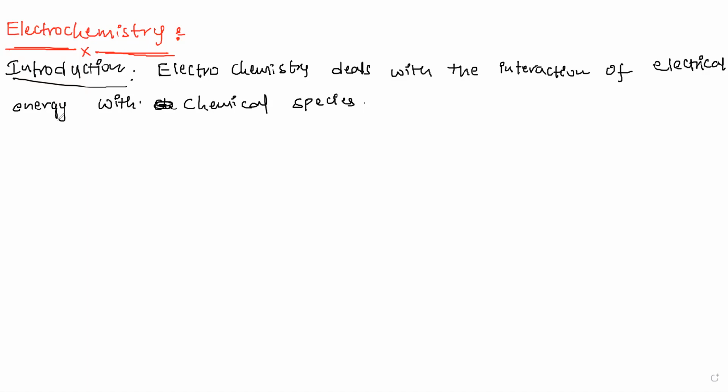It's divided into two categories. In this one is production of chemical change by electrical energy.